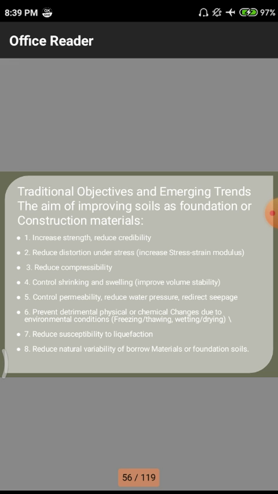Next one is to reduce the natural variability of borrow materials or foundation soils. That means the natural variability of borrow materials. We need to reduce the natural variability of borrow materials. Borrow materials means in some of the cases we are transferring a particular kind of material to different fields for the filling purpose.